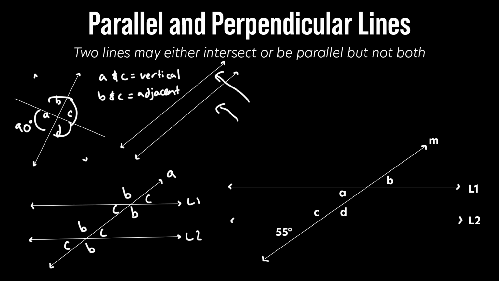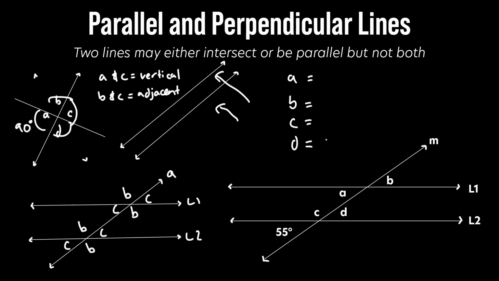So let's apply everything we know about angles to solve for A, B, C, and D in this little problem down here. We're given 55 degrees here, and we have D. If we assign 55 to C here, that means D would be the same amount of degrees.